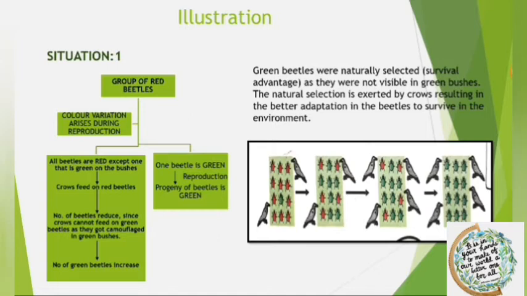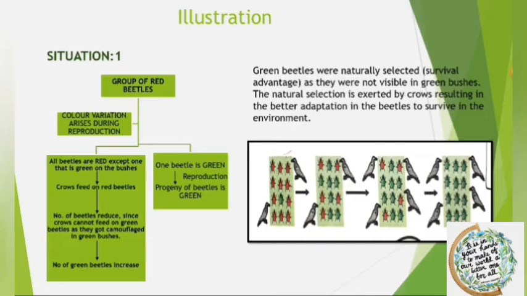Now, all of a sudden, a color variation arises due to sexual reproduction, such that a green beetle is produced instead of red. Moreover, this green beetle will pass its color to the next progeny and so on, so that all the progeny of beetles become green.